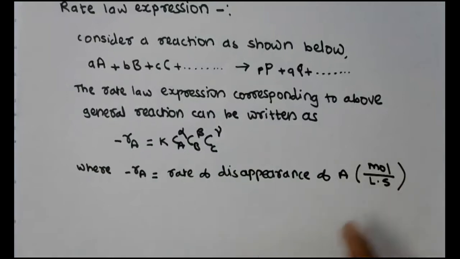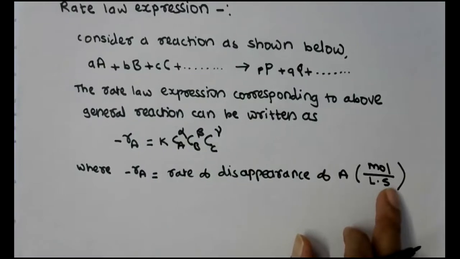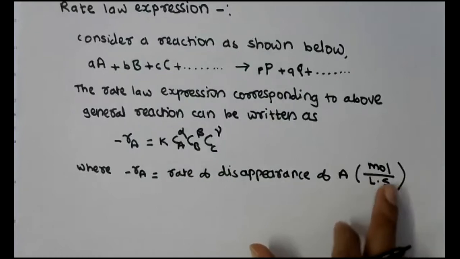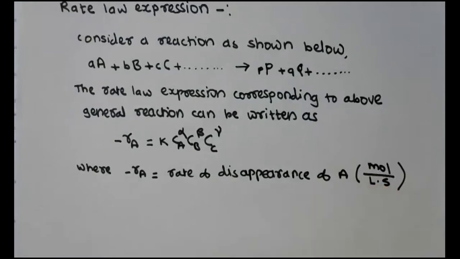Of course, the unit of time depends upon the nature of the reaction. If the reaction requires many days for completion, instead of second, you will be using days. Or if it completes within 1 or 2 hours, you may consider minute in place of second. If it requires many hours, then this may be replaced in terms of hour, depends. But I have just considered the general case. So rate of disappearance of A. Again, no need to say that A is a limiting reactant.